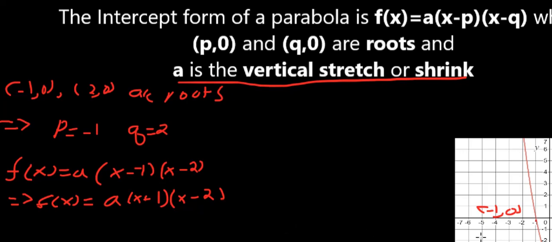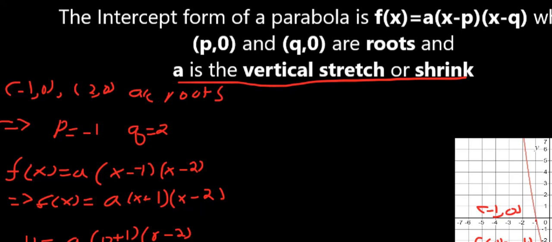This basically says that f of 0 equals -4, so plugging that into my equation, I get -4 is equal to a times 0 plus 1 times 0 minus 2, which will give me -4 equals a times 1 times -2.